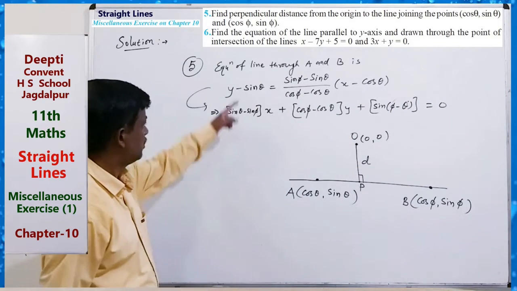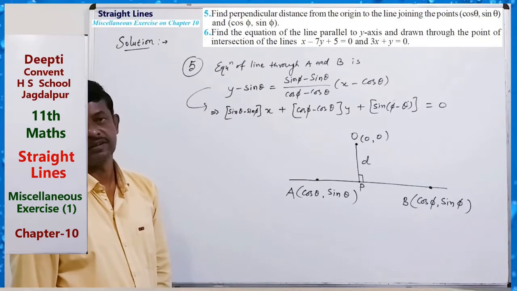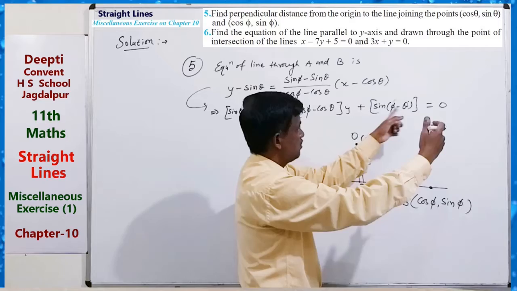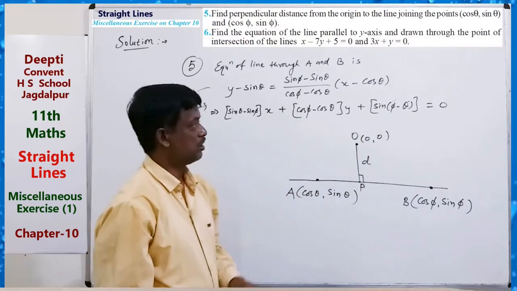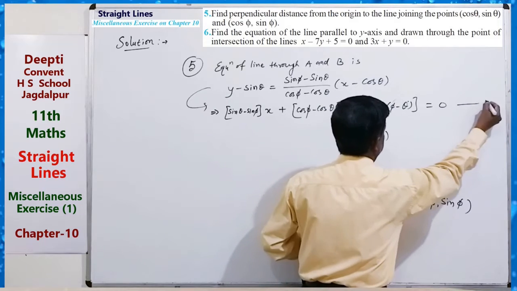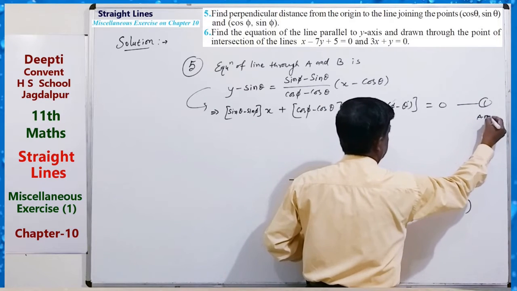Just use the sin A minus B formula. So sin phi minus theta in short. Okay, this is the equation of line AB.